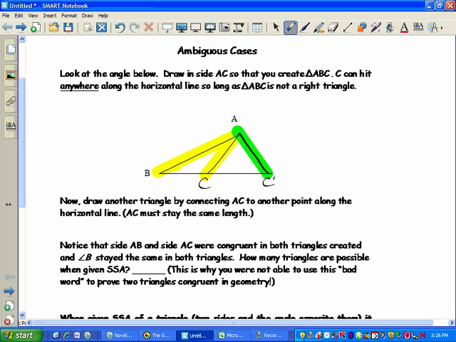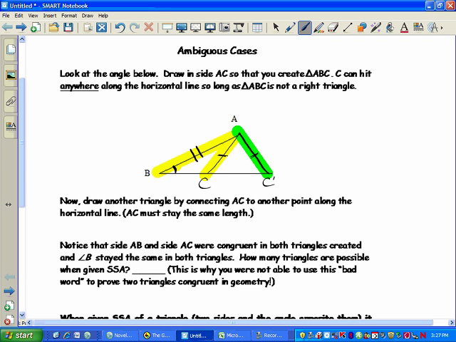So that's what it's saying right here. I have noticed that side AB and AC are congruent in both. This is congruent to this, and obviously that is congruent to itself. You with me? And this angle B is the same in both triangles.